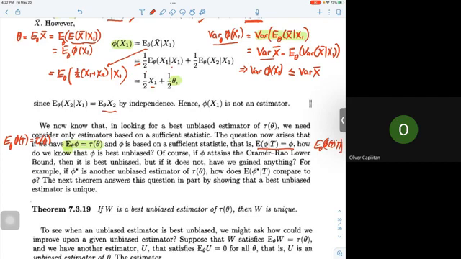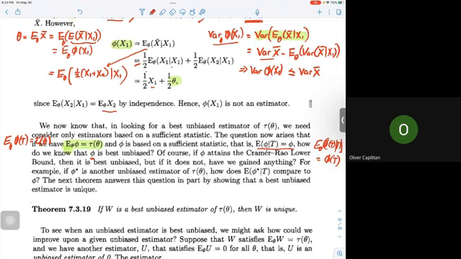Will be equal to phi of t. Conditional. So how do we know that phi of the sufficient stat is a best unbiased? Itong sinasabi nito. It's a function of a sufficient stat.